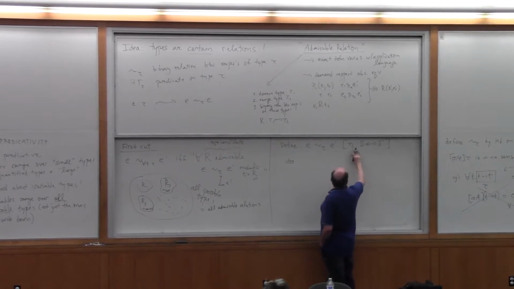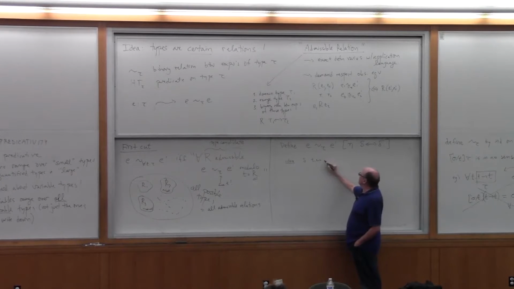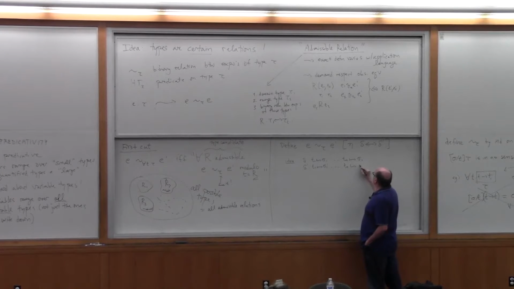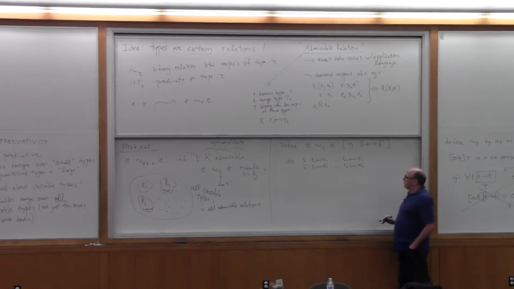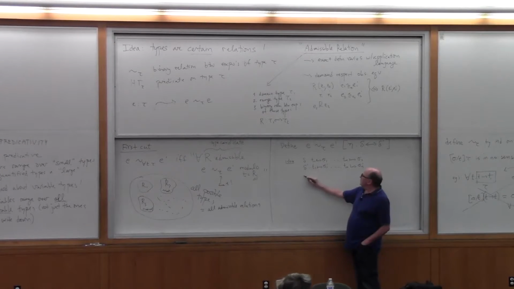Well, first of all, let's get this out of the way. Delta takes type variables and gives them meaning. So it sends T1 to, let's call it sigma 1, and Tn to sigma n. And delta prime is another environment that takes type variables to what they're going to range over. And what does eta do?